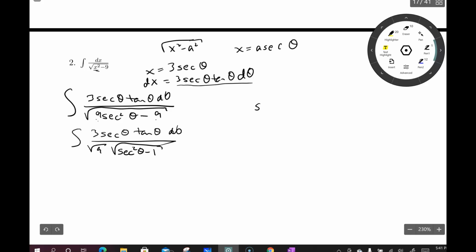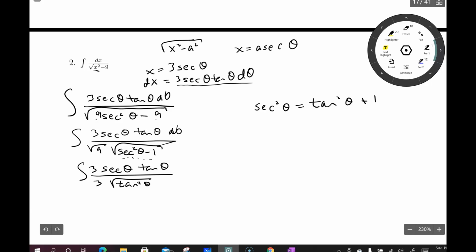And I remember that secant squared theta is equal to tangent squared theta plus 1. So this gives me a 3, and I have a square root of a tangent squared theta. So the 3's go away.